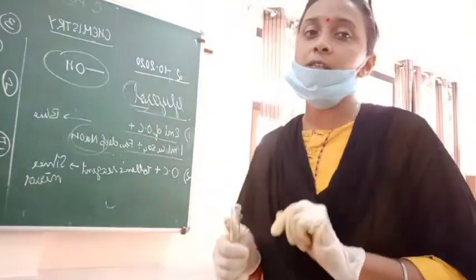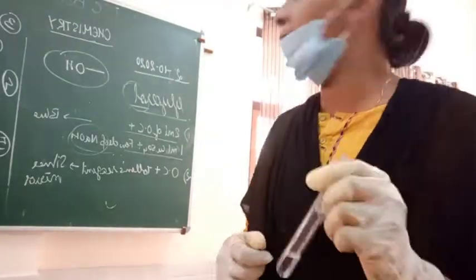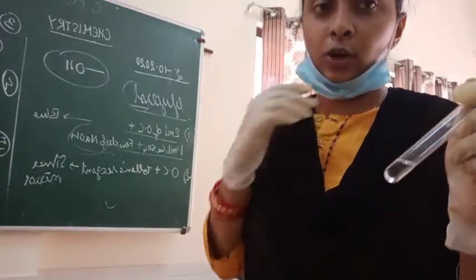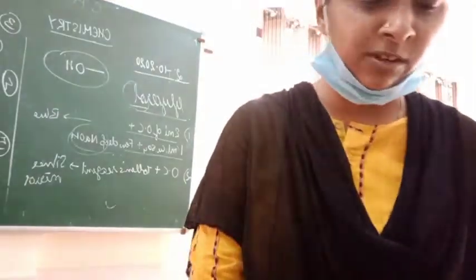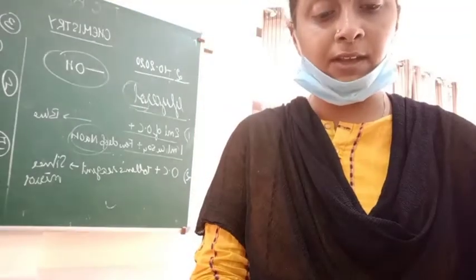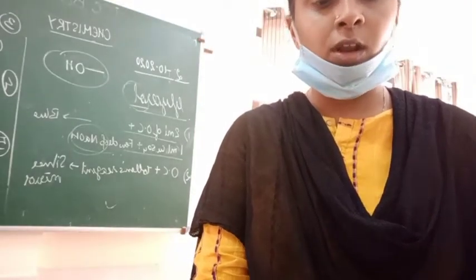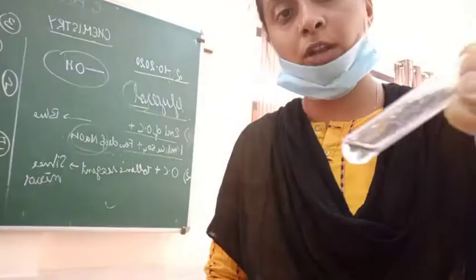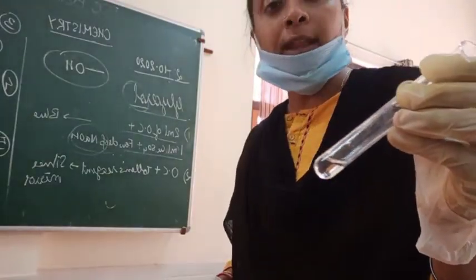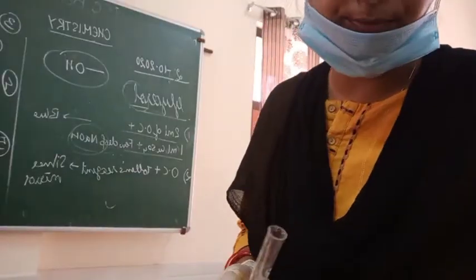Now the first test for glycerol is that you have to take a few ml of your organic compound, say roughly only 1 ml. So I have taken, children, a small amount of your organic compound, that is glycerol, in the test tube, and to this you have to add 1 ml of copper sulfate solution.